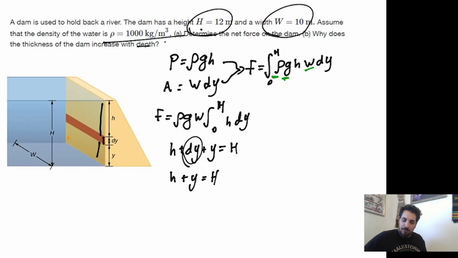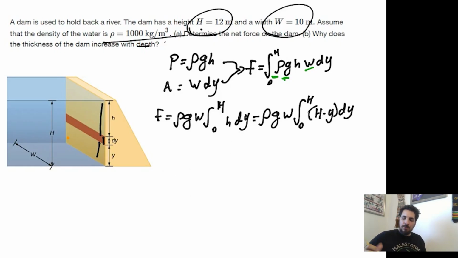What do we do with that? Well, we could rewrite this integral. Density times acceleration due to gravity times the width of our dam, the integral from 0 to capital H, the total height of our dam. Nope, I messed that up. We replace little h with capital H minus y, dy.